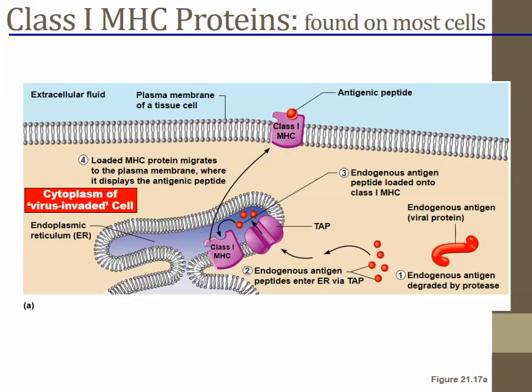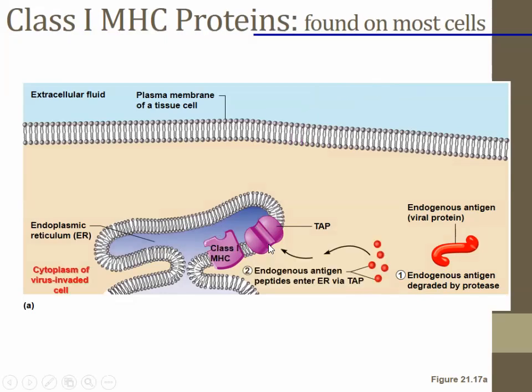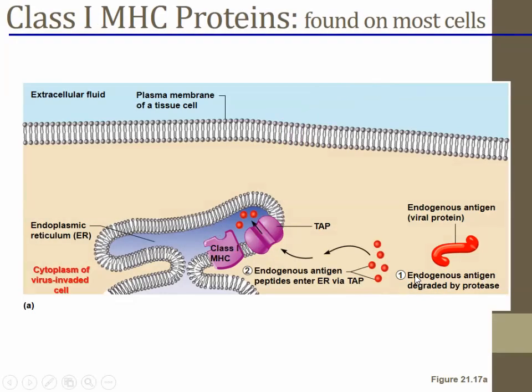If a virus invades it, what's going to happen to that virus? It starts producing its nasty little proteins, which are going to bind to our class 1 MHC. And this is considered endogenous because the protein is built on the inside. It was not a protein that came in.